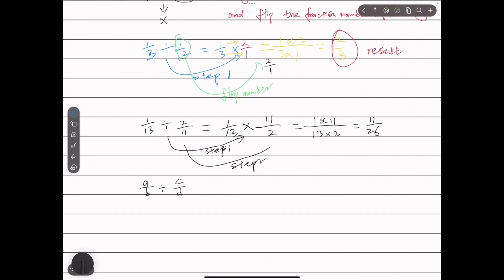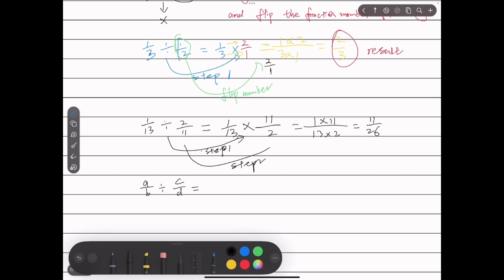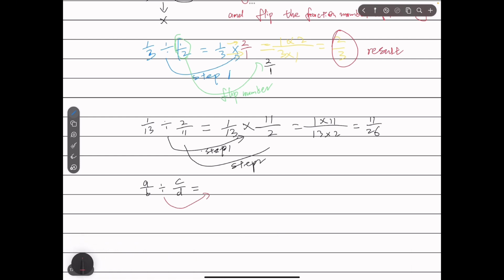So the common form for the division, let's say we have A over B divided by C over D. Step 1, we change the sign from division to multiplication, so it will be A over B, just copy down that number, times.